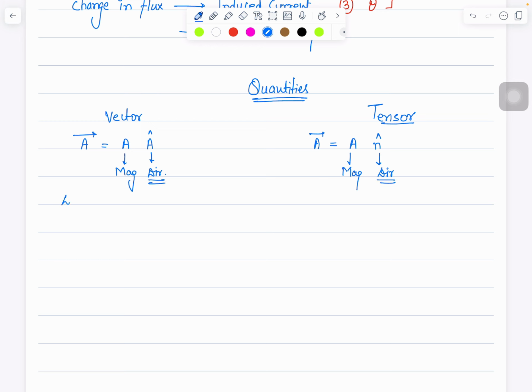Here the direction is the same. What does it mean? Let's say there is a body, and if you apply a force, this is the force vector. So I can say this is the direction of force. So F vector is equal to F magnitude, which you are applying here, and the direction is the same. Clear?